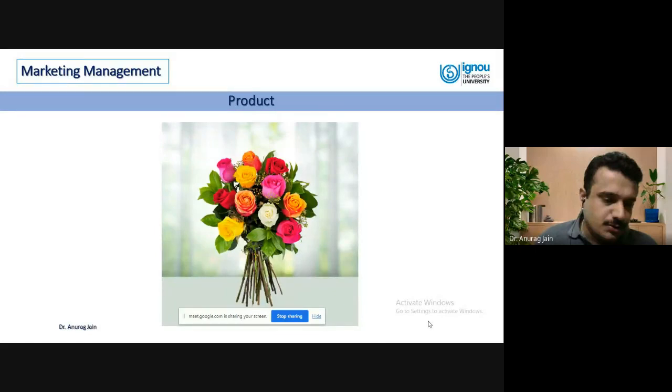So what I'm trying to say here is, whenever we go for buying a bunch of flowers, or if we buy a flower to gift it to someone or offer it to someone, we never ask for any particular brand, right? These are very core products. These are the products which are being sold as a product. There is no brand identity associated with it, right?